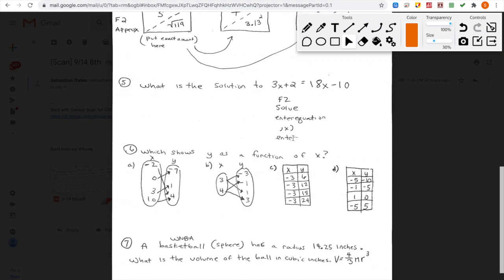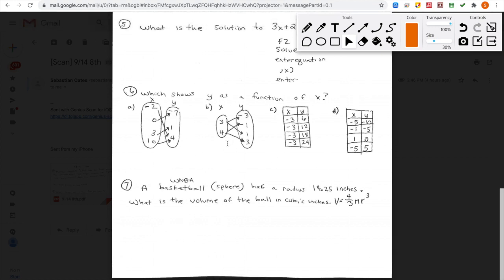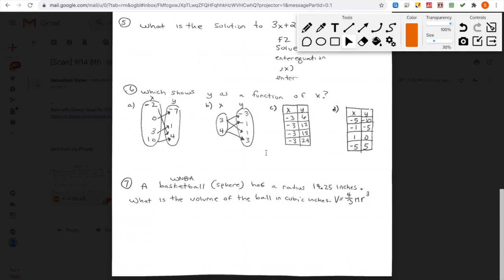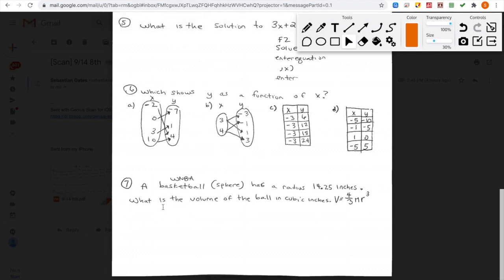Number 6, we're going to be solving for which one of these is a function. So remember, a function cannot use the same x value twice. And lastly, number 7, I haven't showed you how to do this, but we're just going to follow the formula. So this formula is given to you at the beginning of the STAR test.